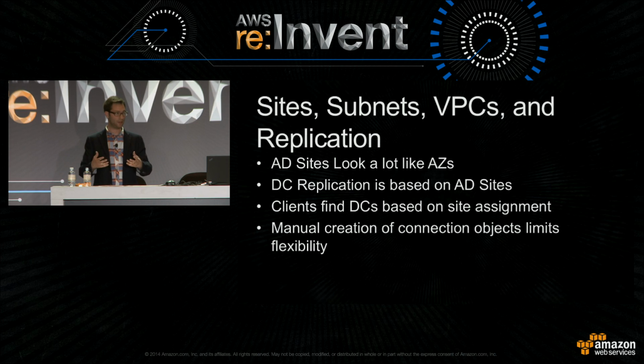That's a pretty heavy action. It's an expensive action, both from a technical perspective as well as from a cost, dollars and cents perspective. So the first thing that you want to remember is that replication is based on site. And then you want to make sure that you're controlling the amount of replication, the speed of replication, the things that you replicate between sites, particularly, like I said, when you're spanning multiple environments.